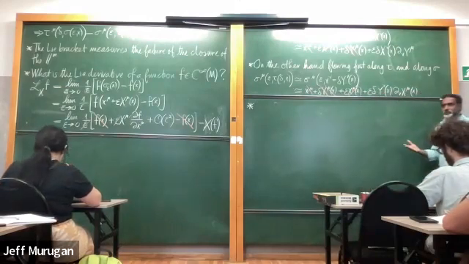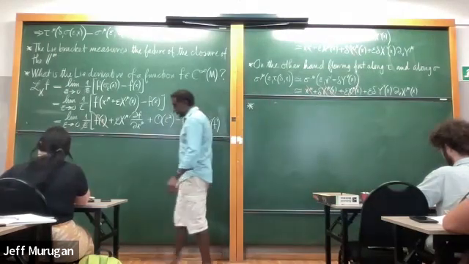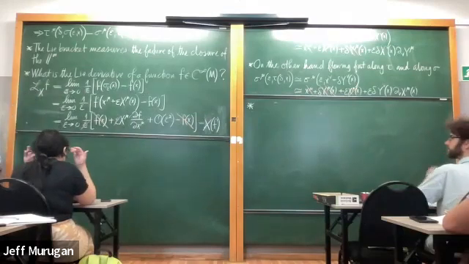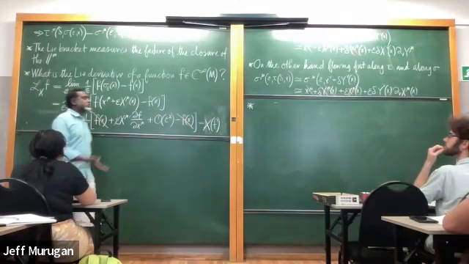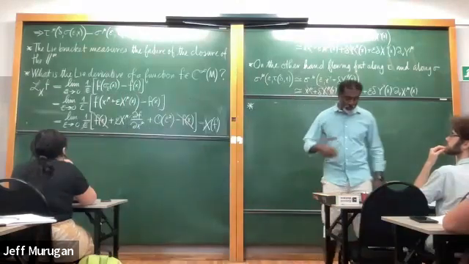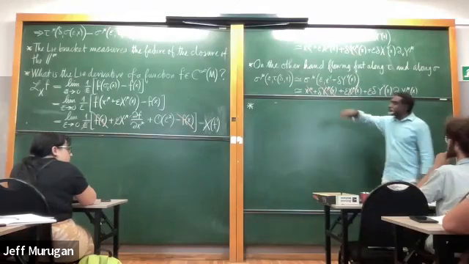In this case, the vector space in question is the tangent space at the point P of M. And the dual vector space is called the cotangent space, and we will denote it by T star.